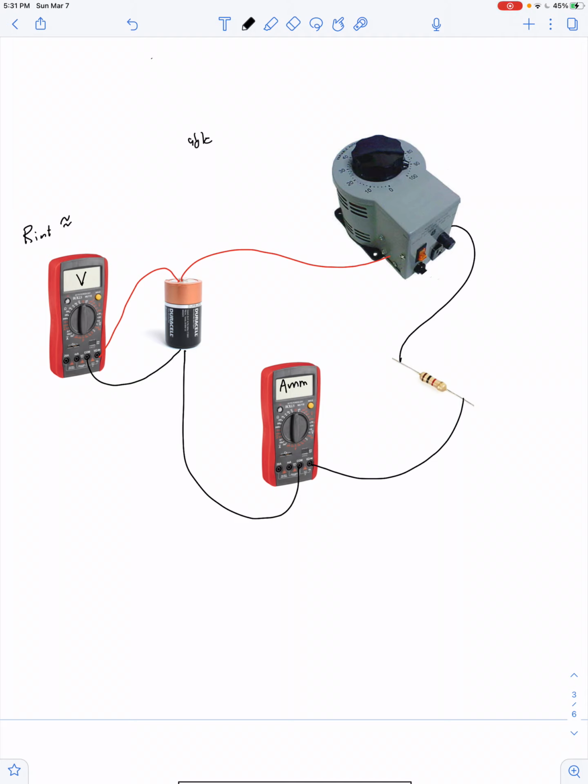We'll say it's practically infinite. It's just the opposite for an ammeter. The internal resistance of an ammeter is practically zero. So by connecting an ammeter in series with the rest of the circuit, you aren't really effectively adding any more resistance, and therefore you're not changing the amount of current that flows in the circuit.